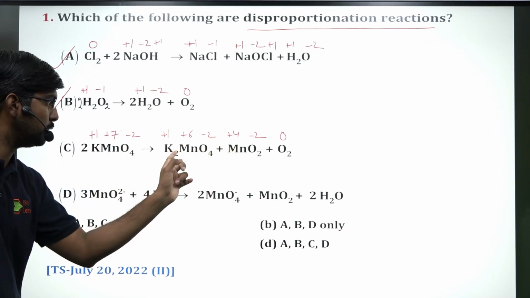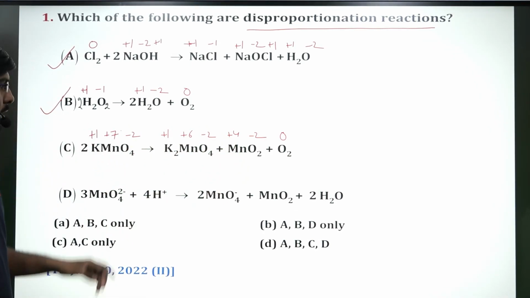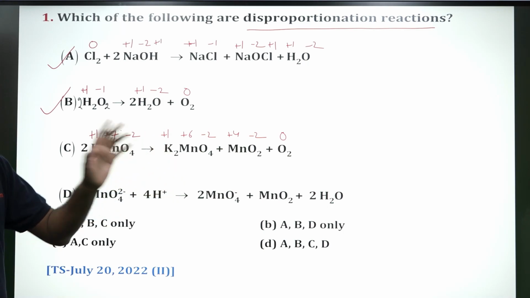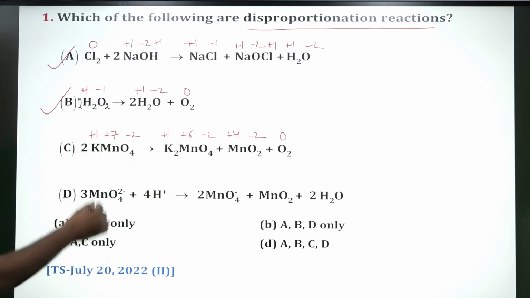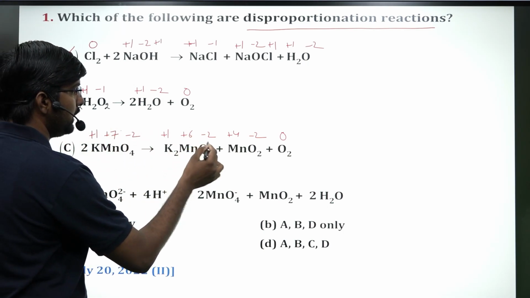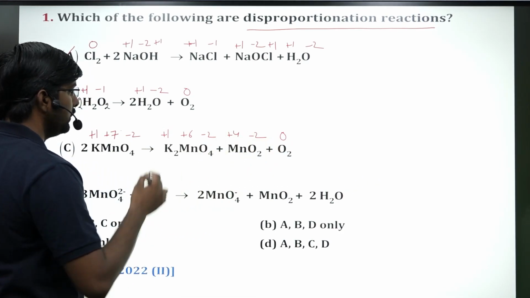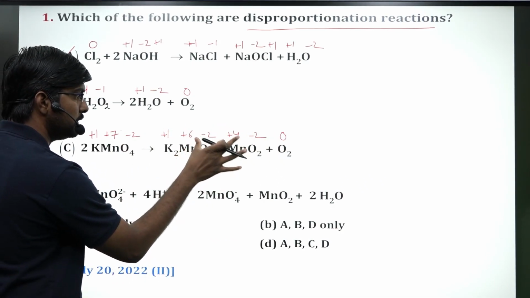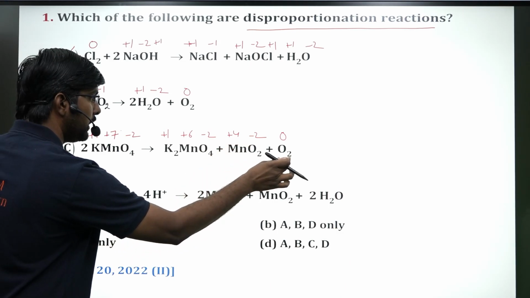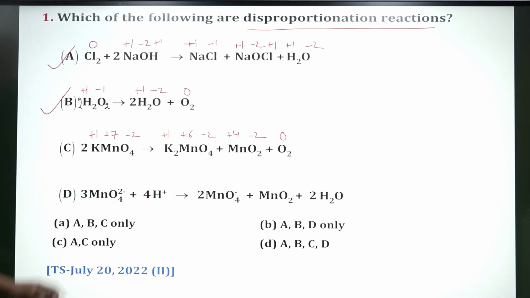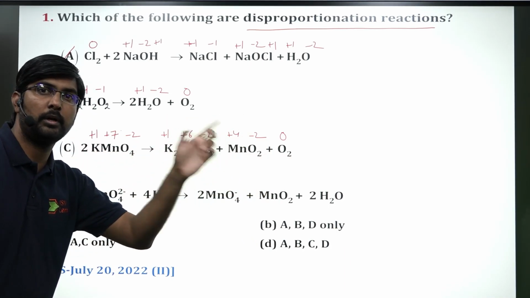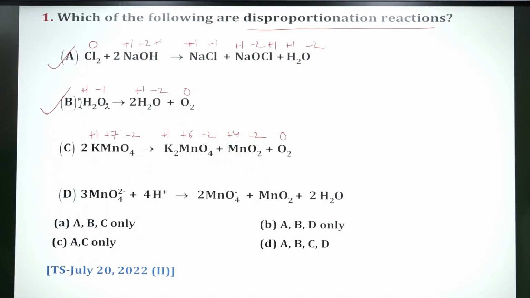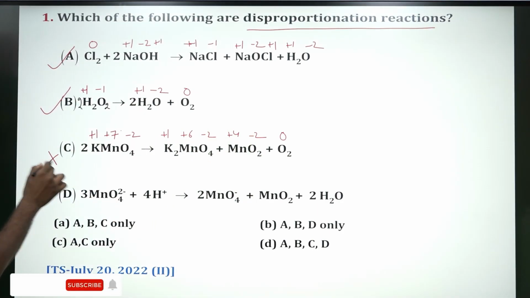In both cases the oxidation state decreased, which means it is only undergoing reduction, not oxidation. And oxygen -2 to -2, 0. In two molecules the oxidation state is the same, and in one case it increased, which means oxidation but not reduction. So that's why it is not a disproportionation reaction.